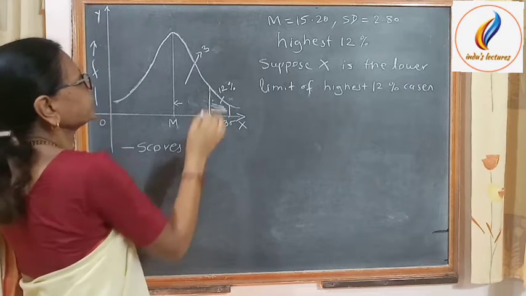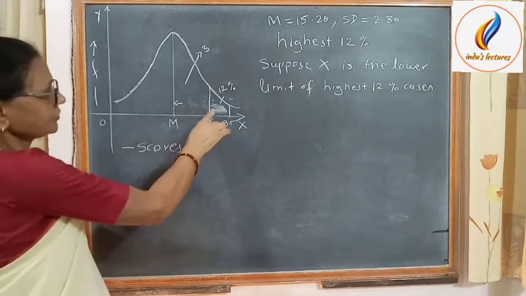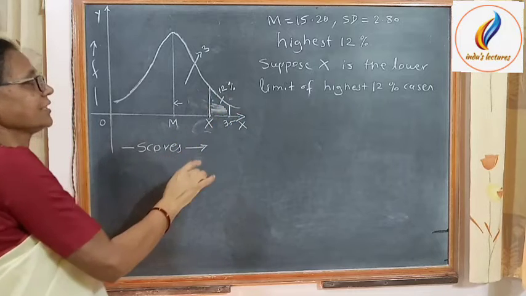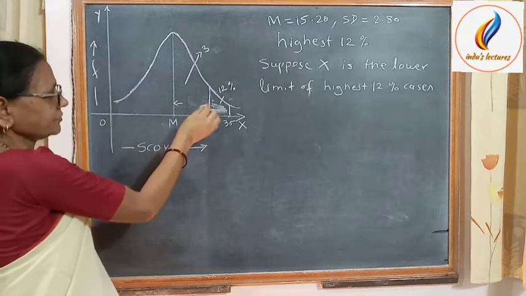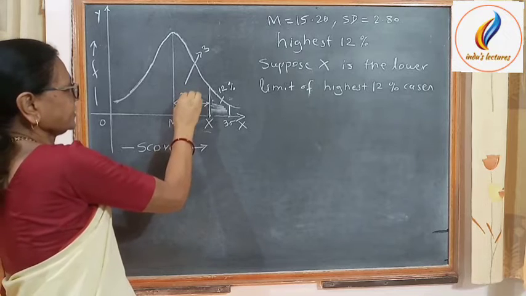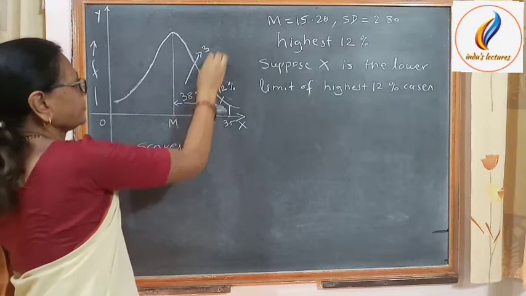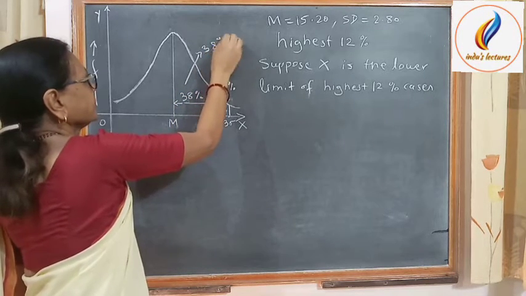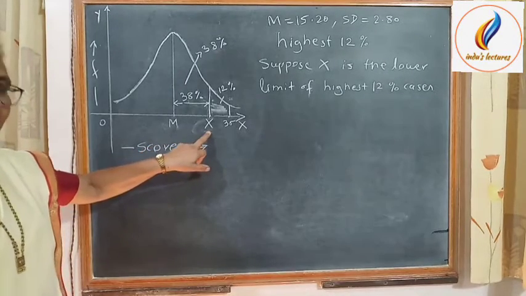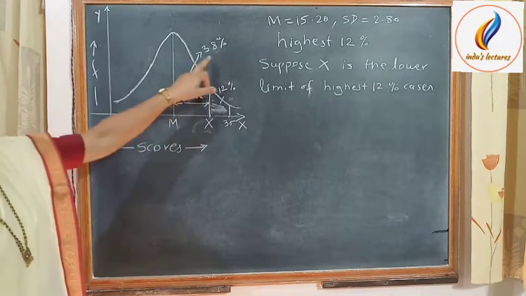That means this point is x. Now this is the area including 12%, that means the remaining area is 38%, or we can say that the area between the mean and the score x includes 38% cases.